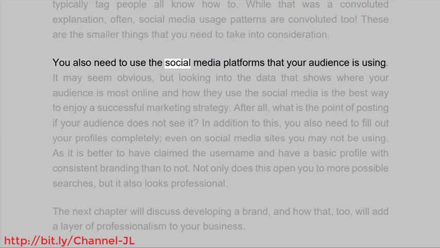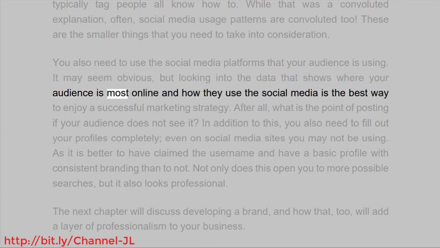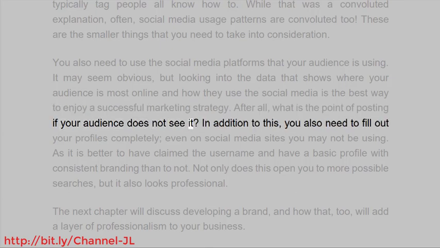You also need to use the social media platforms that your audience is using. It may seem obvious, but looking into the data that shows where your audience is most online and how they use social media is the best way to enjoy a successful marketing strategy. After all, what is the point of posting if your audience does not see it?